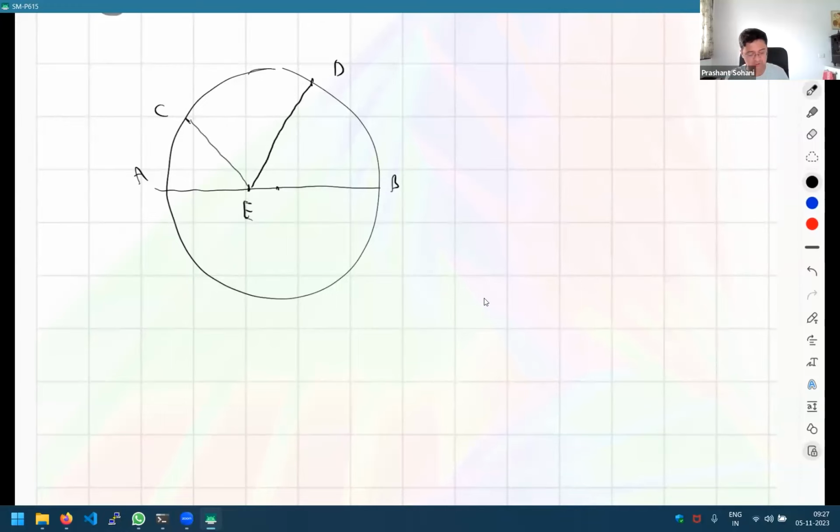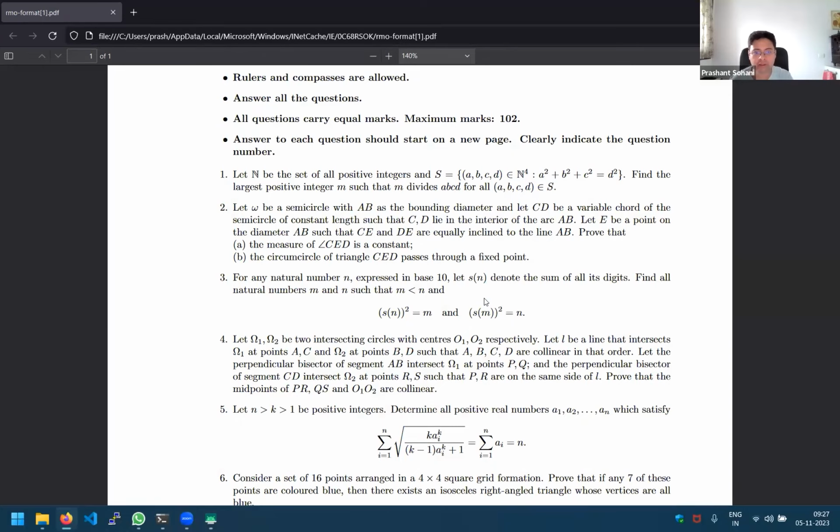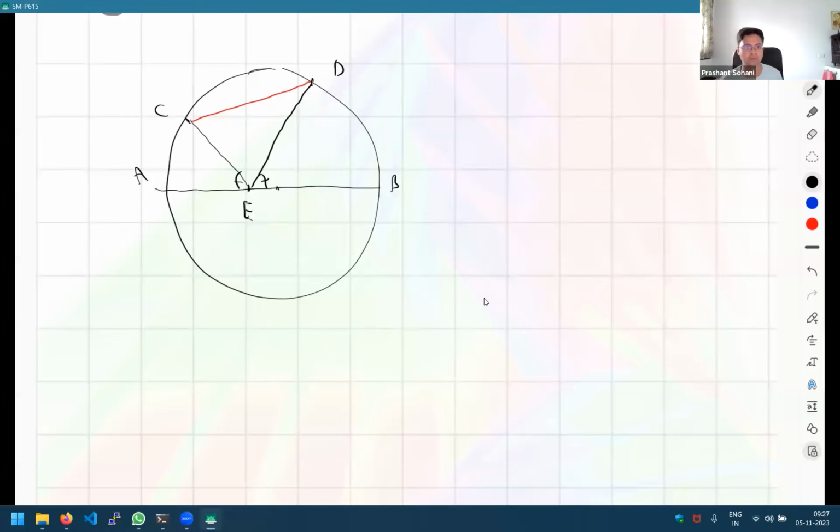So what is given is the semicircle with diameter AB and some points C and D on that semicircle, such that the length CD is fixed. And then you take a point E such that the base angles are equal. And then I think we are supposed to show that. Yes, so you can continue.